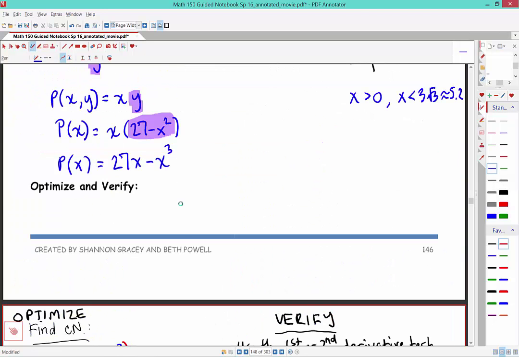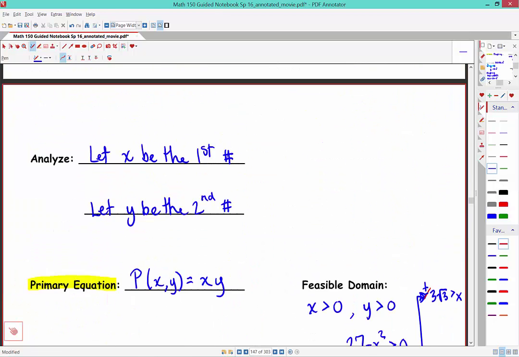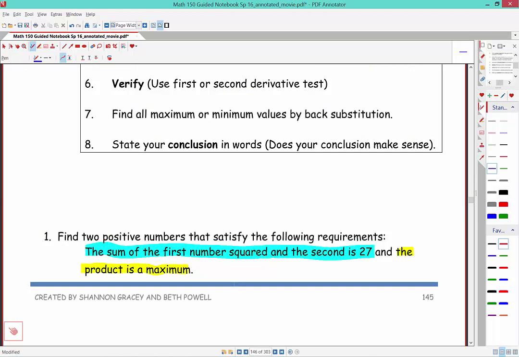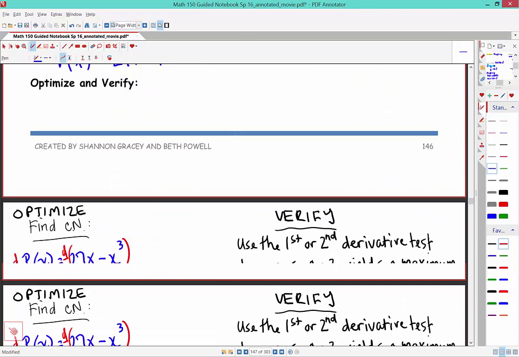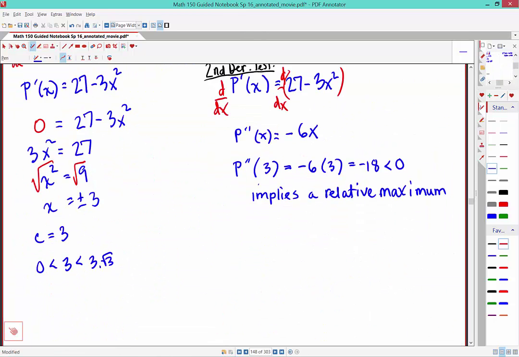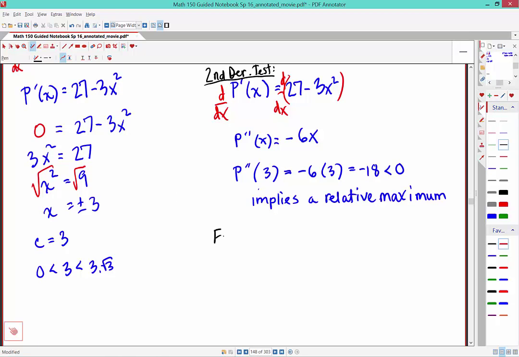All right. Now, what we also need to do on this guy is we need to find the other values. Let's write this in here. Our job was to find x and y. So now what do we need to do? We need to find y when x is 3.